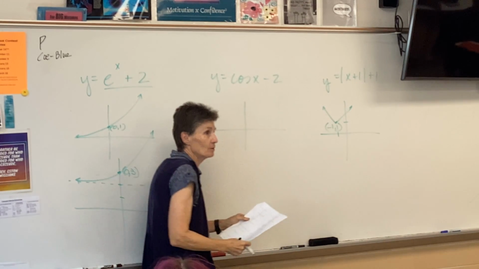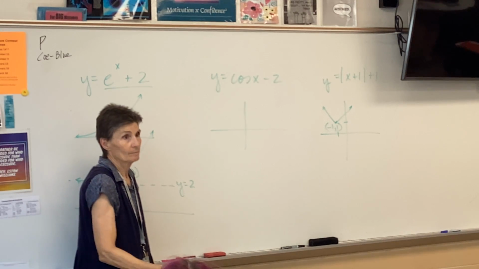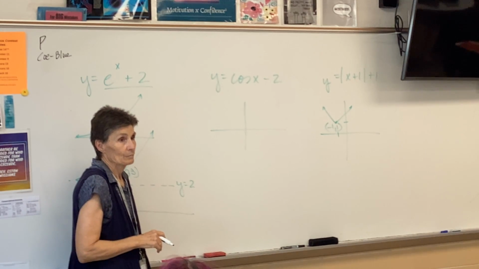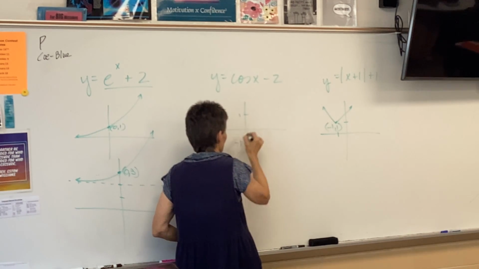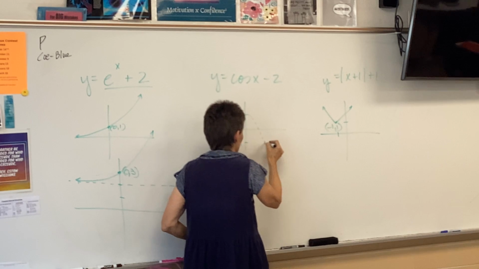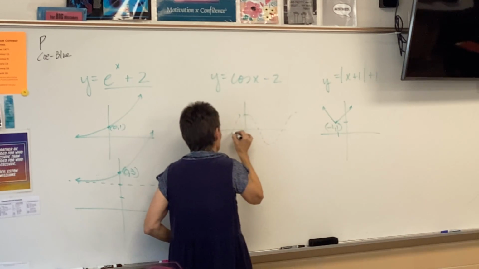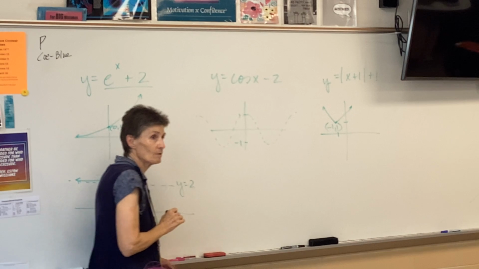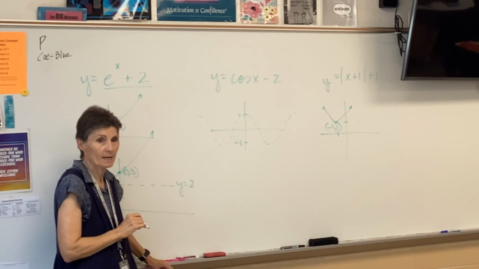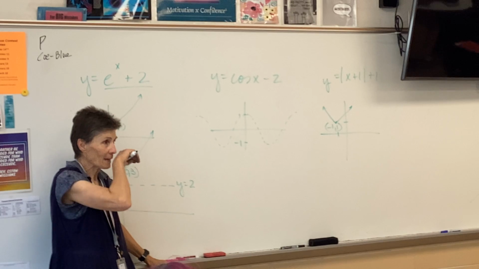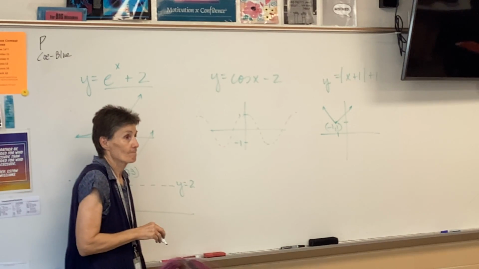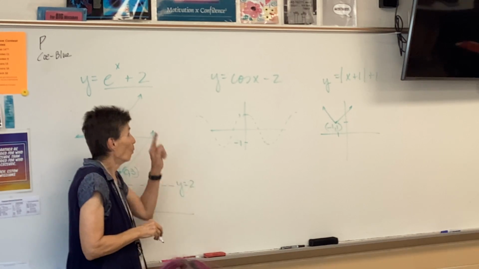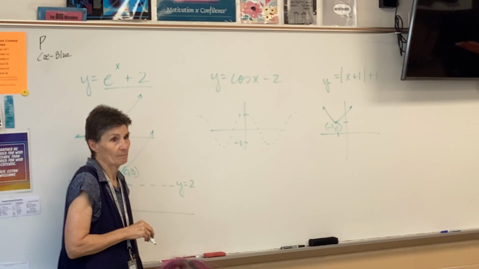Here's another one where I'm going to draw the original. The original is a cosine. Is that okay with everybody? That's my original cosine, bouncing back and forth between -1 and 1. Now, what am I going to do here with this cosine? Down 2.